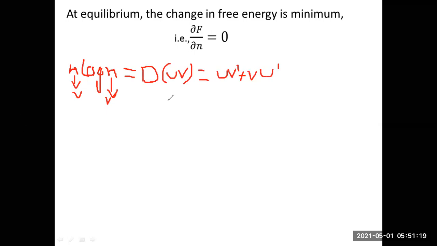So u is n. So as it is n, I will write here. For the first one I will do log n. Log n is 1 by n, as it is I have written, plus as it is you write. So v is log n, so I'm writing log n as it is.